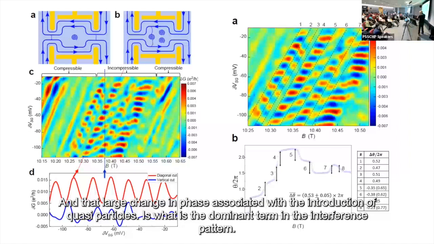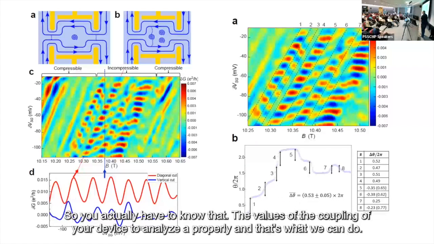And that large change in phase associated with the introduction of quasiparticles is the dominant term in the interference pattern. So you actually have to know the values of the coupling of your device to analyze it properly, and that's what we can do.